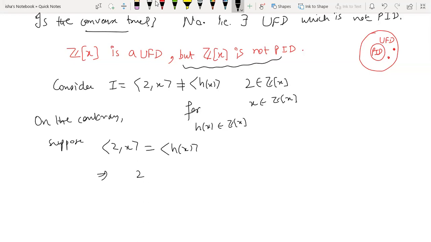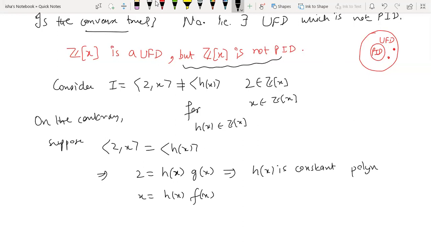It implies 2 is going to be h(x) times g(x), and x is also going to be some multiple of h(x), because that is what the meaning of this is, right? So 2 is h(x) times g(x) implies what? That h(x) is a constant polynomial.